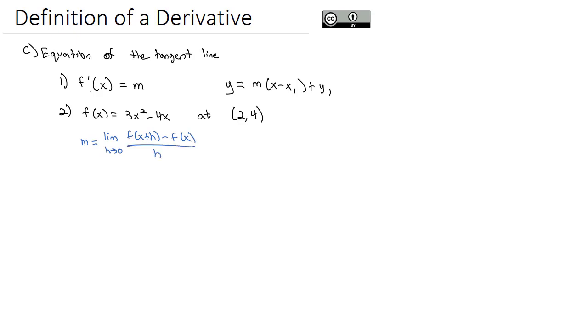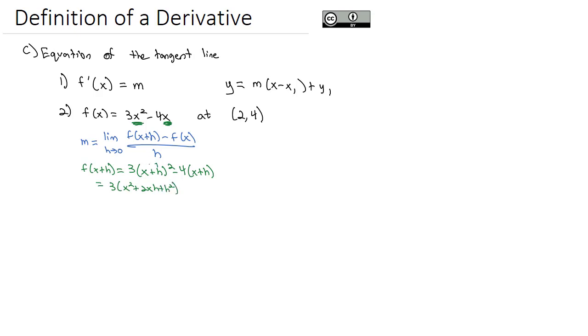Which means if we've got f, we still need to figure out what f of x plus h is going to be. And that's going to replace each of the x's with x plus h, giving us 3 times x plus h squared minus 4 times x plus h. And if I square that out, we'll get 3 times x squared plus 2xh plus h squared.